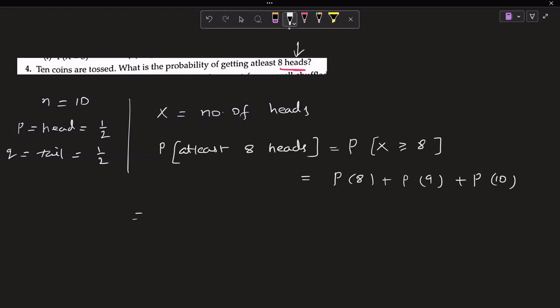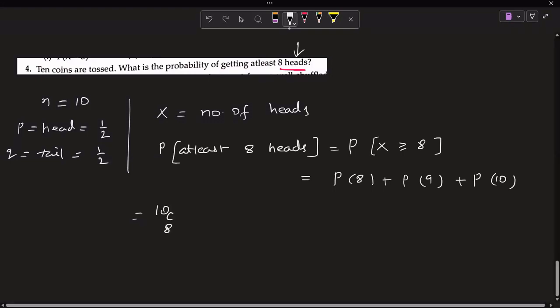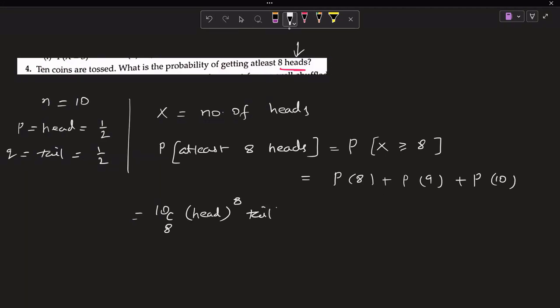So P of 8 means out of 10, select any 8. And here heads will be 8 and the tail will be 2, plus 10C9, head will be 9 and the tail will be 1, and 10C10, head will be 10 and tail is 0.